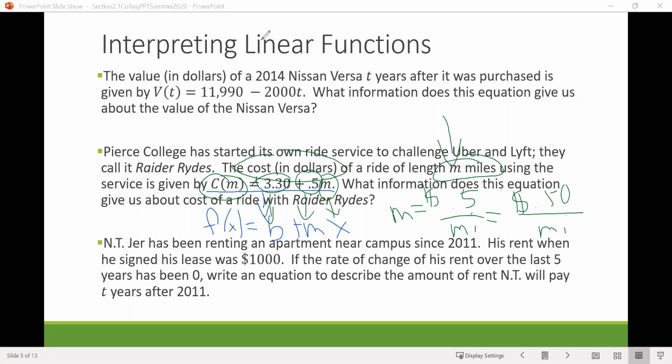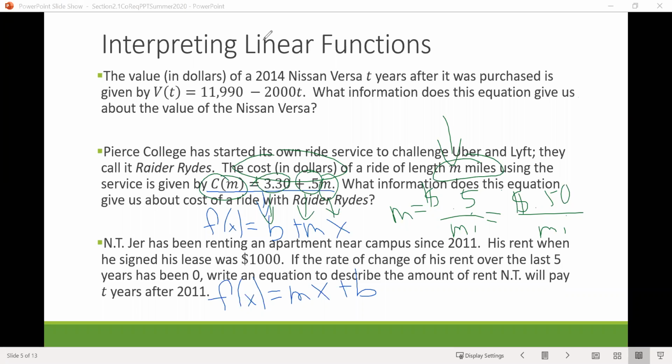So this is a little different than the ones we just did, because this time we're being asked to write an equation. So we have to use that f of x equals mx plus b to describe the information about NT's rent.